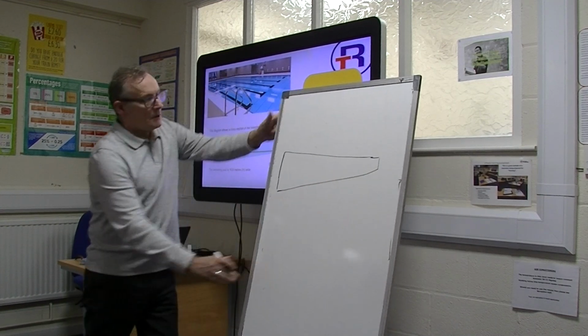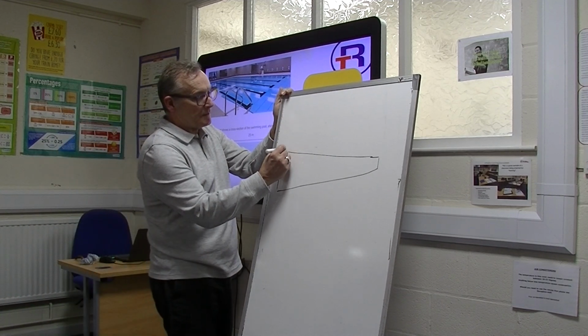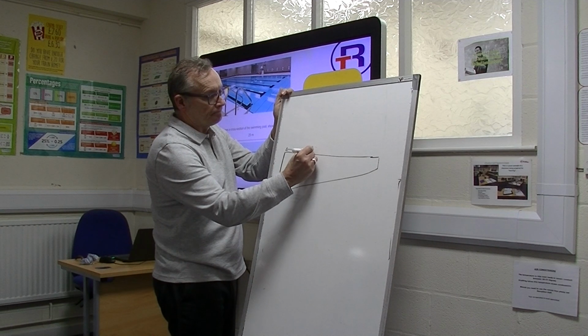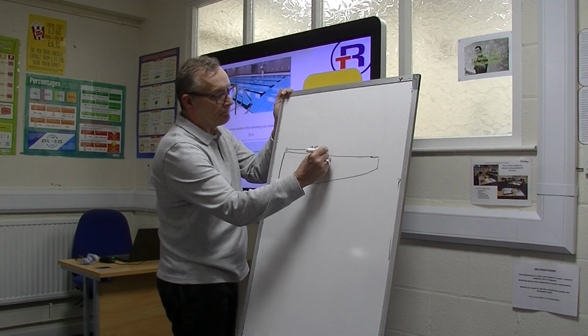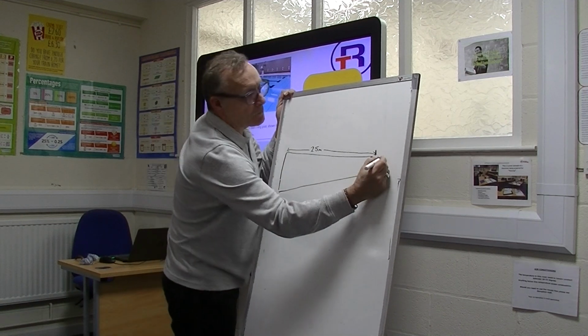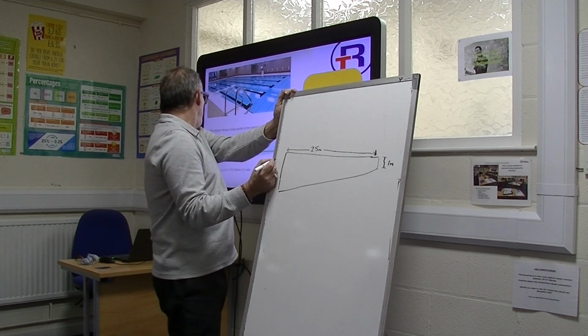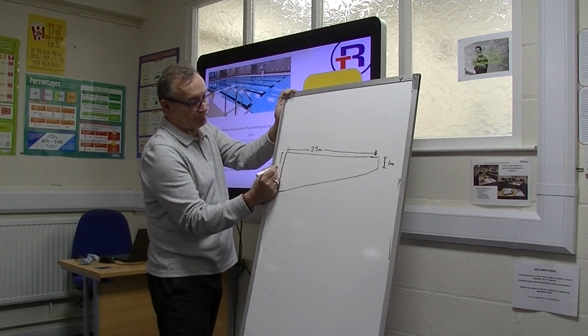Okay? So the question's saying that the length of the swimming pool is 25 metres. The shallow end is 1 metre. And the deep end in this instance is 2 metres.